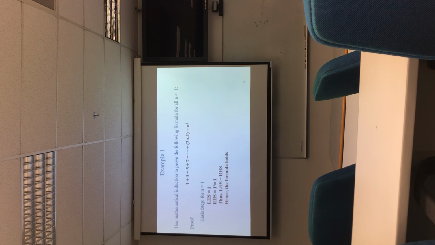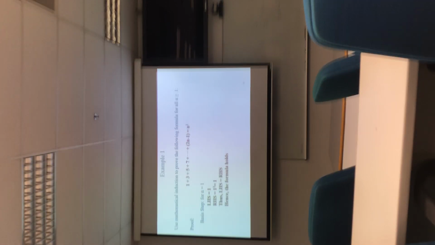When you come to here, every term is expressed in terms of 2n minus 1. So for k, the k term is 2k minus 1, right? So the k plus 1 term, since it is 2n minus 1, that means the k term will be 2k minus 1, then plus the k plus 1 term, which means n substituted with k plus 1, minus 1.